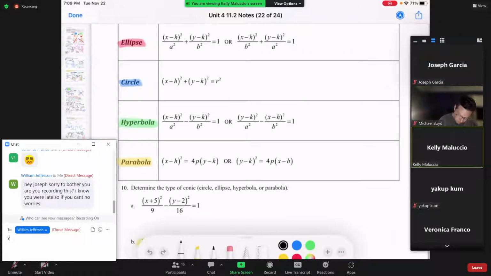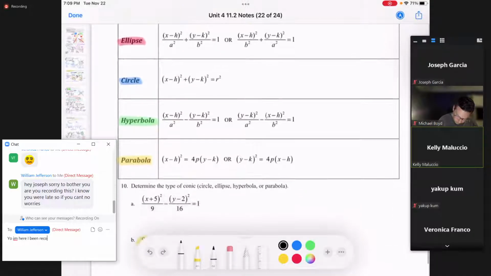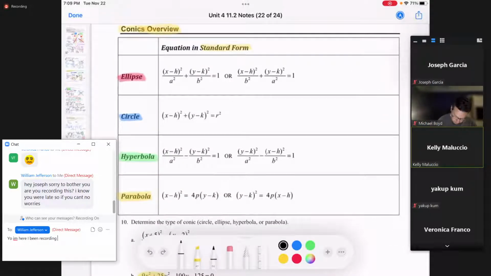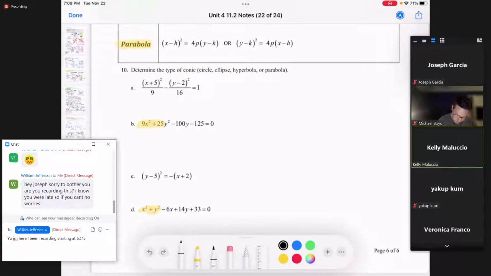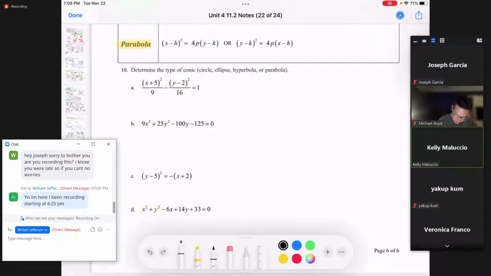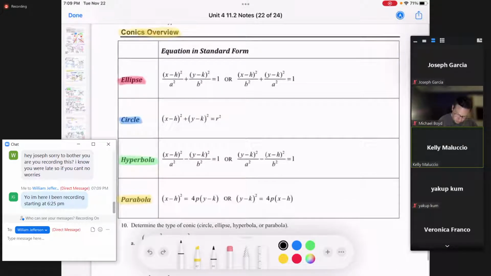So I can cross that out, and it could be a circle maybe, but it also could be an ellipse. So it's probably going to be one of those. I'd have to do a little bit more investigating to figure that out. But I want to go through the last example with you, which is going to be a parabola, which is the next section.